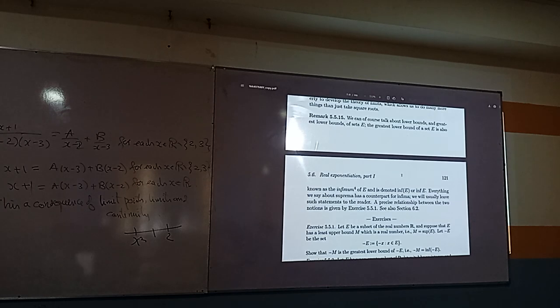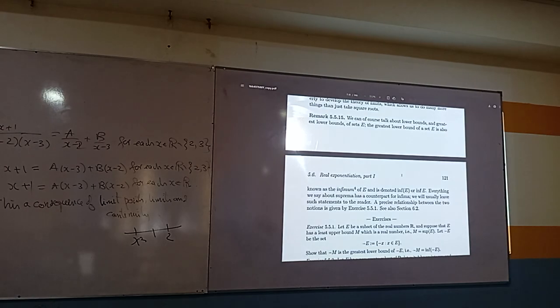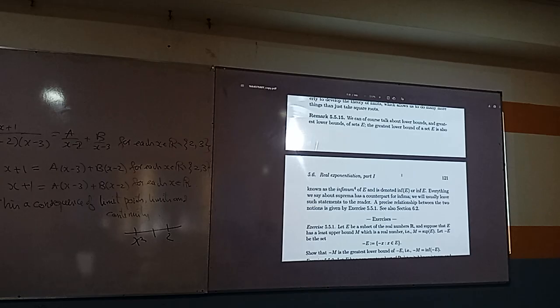Let capital E be a subset of the real numbers, and suppose that E has a least upper bound M, which is a real number, that is, capital M equals sup E. Let minus E be the set of all minus x, such that x belongs to E. Show that minus M is the greatest lower bound of minus E. So minus M is equal to the infimum of minus E.